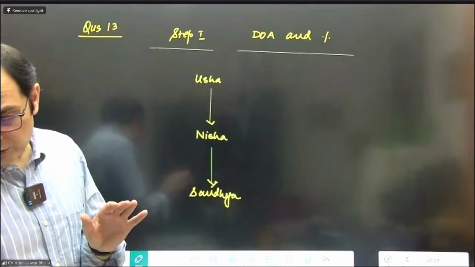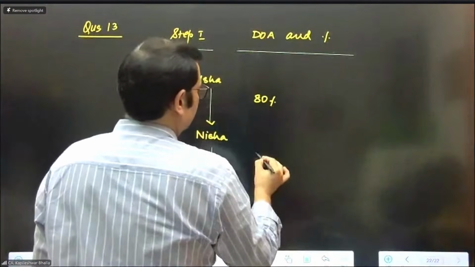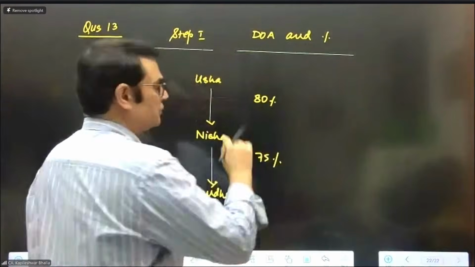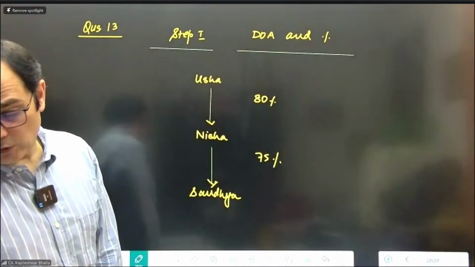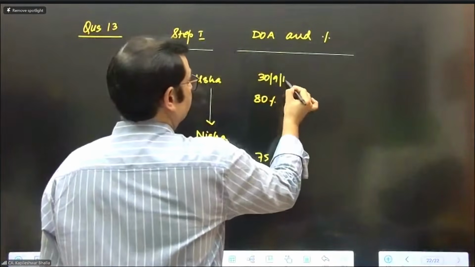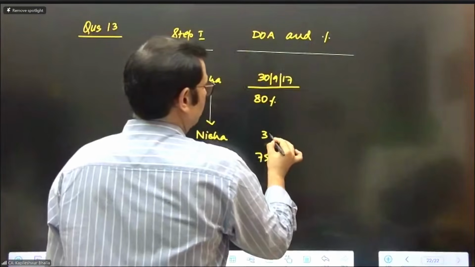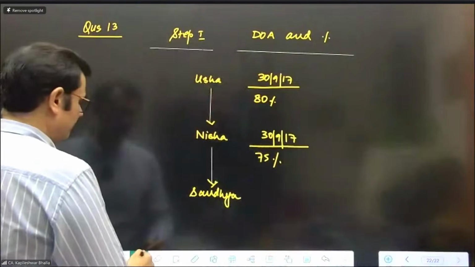So we're given that Usha has got 80% shares in Nisha, and Nisha has got 75% shares in Sandhya, and the acquisitions were all on 30th September 17. So the date of acquisition in both the cases is 30th September 17.